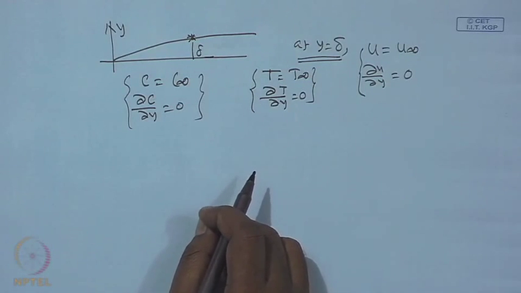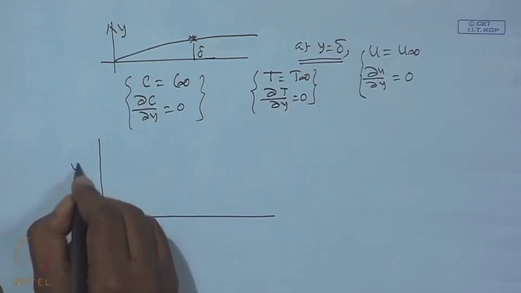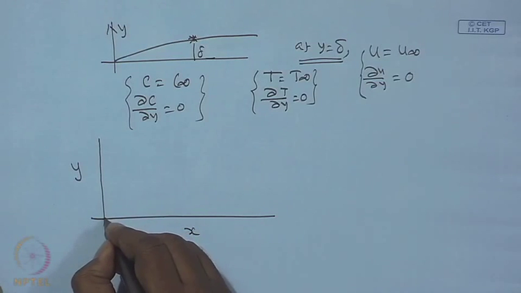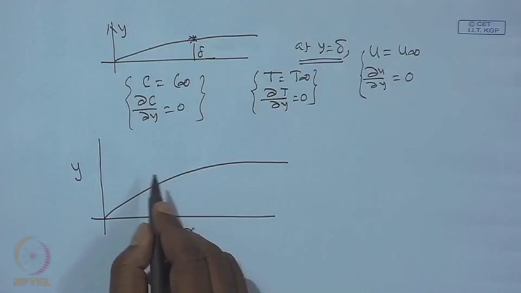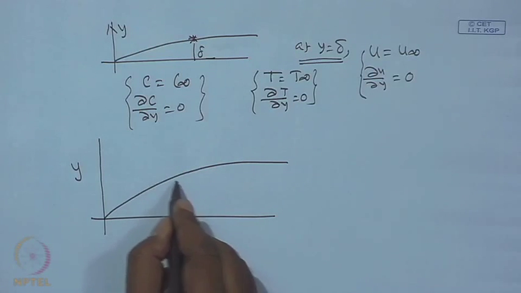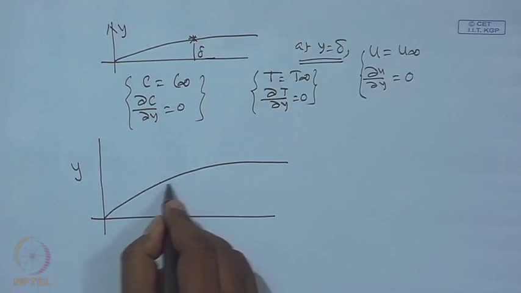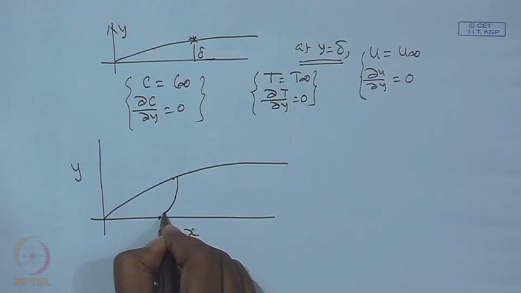Now, if you look into the profiles of the dependent variable as a function of x and y within the boundary layer, for a velocity boundary layer, velocity is 0 at the wall and it is maximum at the edge. So, the profile will be something like this.